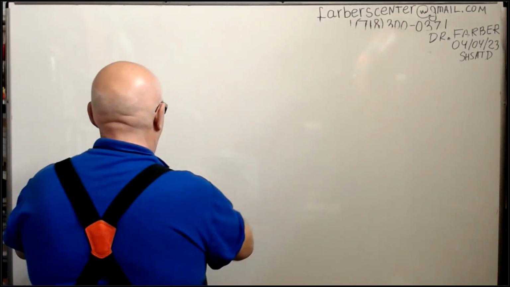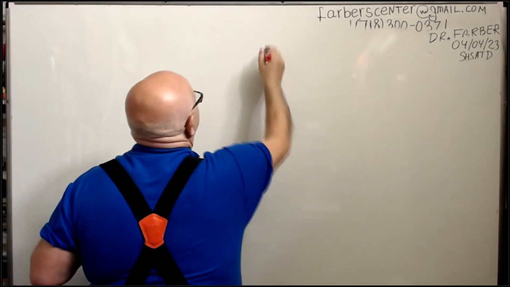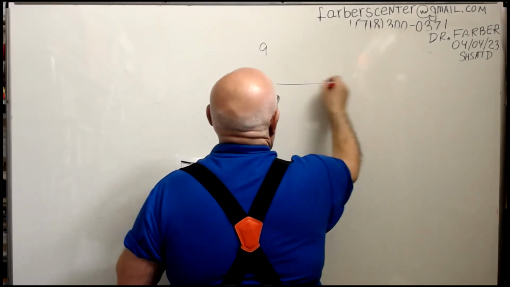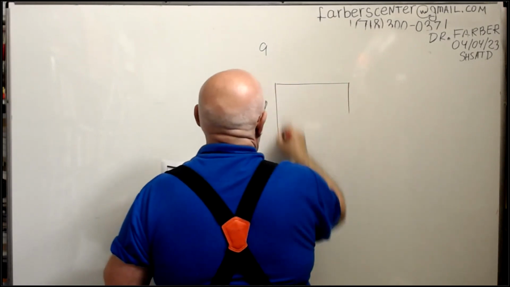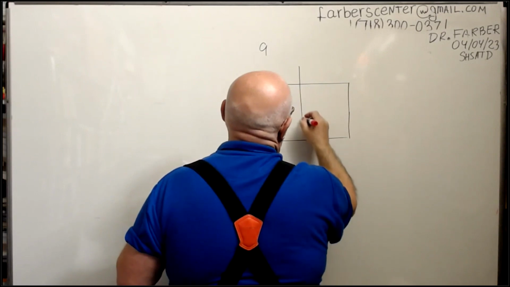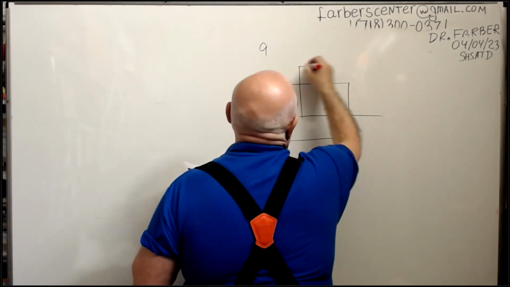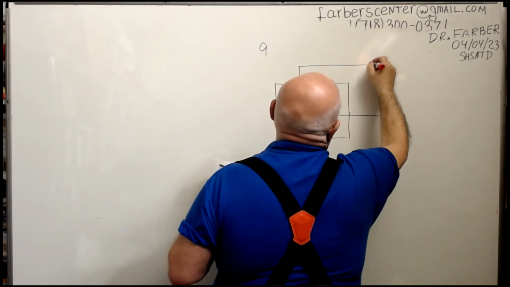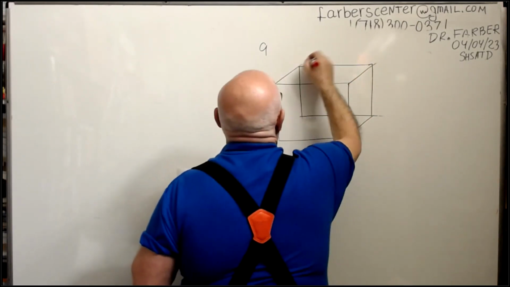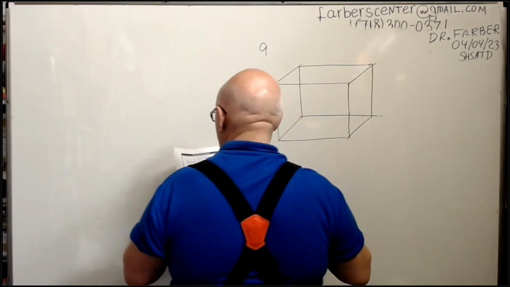So number 9. Let me make a prism. You're supposed to have graph paper notebook for sure. It helps you a lot. Okay.